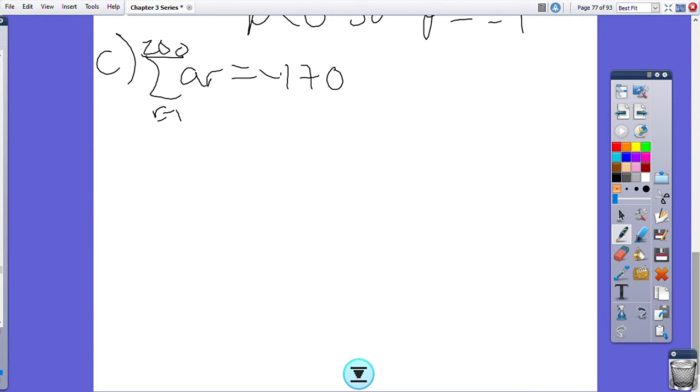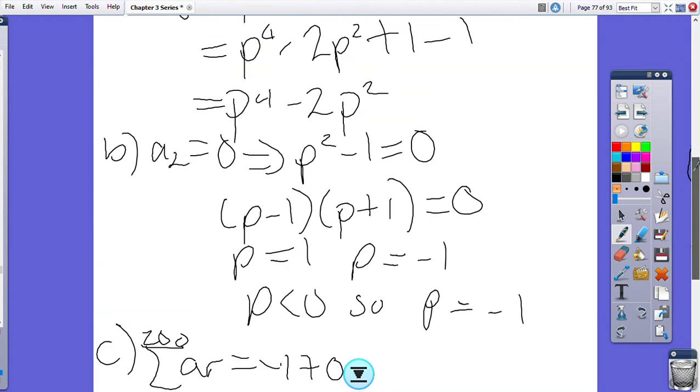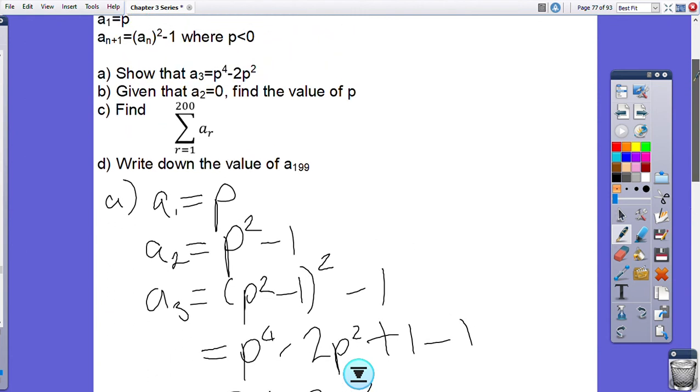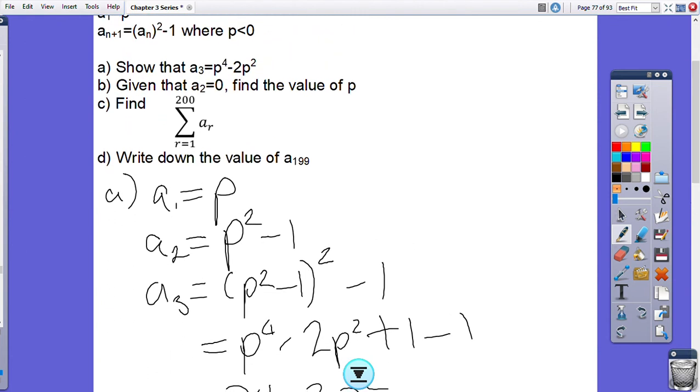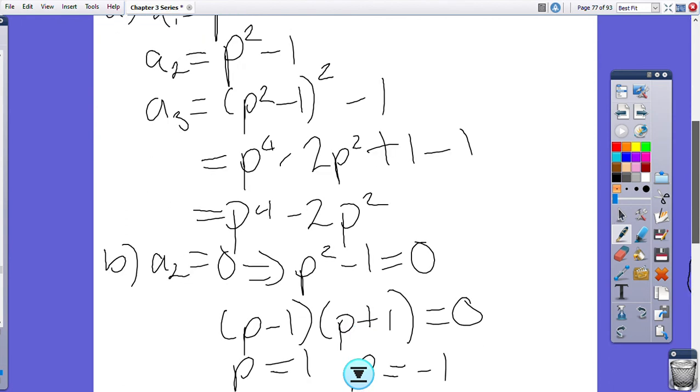We know that a2 was 0, so we've got minus 1 plus 0. And then if we put 0 into our formula here, we've got 0 squared take away 1, which is going to be minus 1.